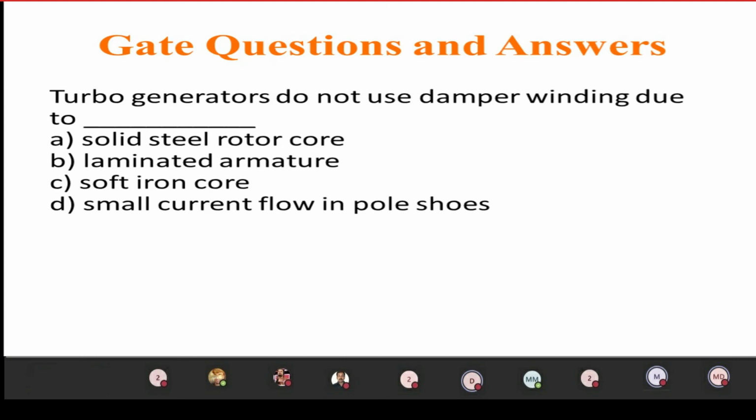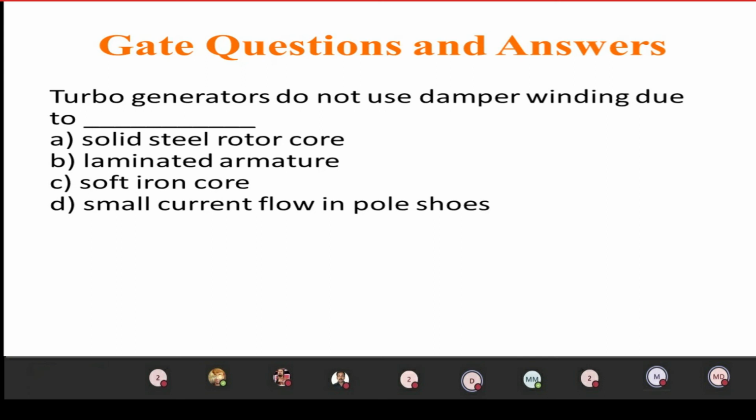Turbo generators do not use damper winding due to what? The purpose of damper winding is to reduce the hunting effect. The hunting effect mostly arises in the salient type alternator only. Turbo generators come under the non-salient type alternator, so there is no need for it. A turbo alternator has a solid steel rotor core.